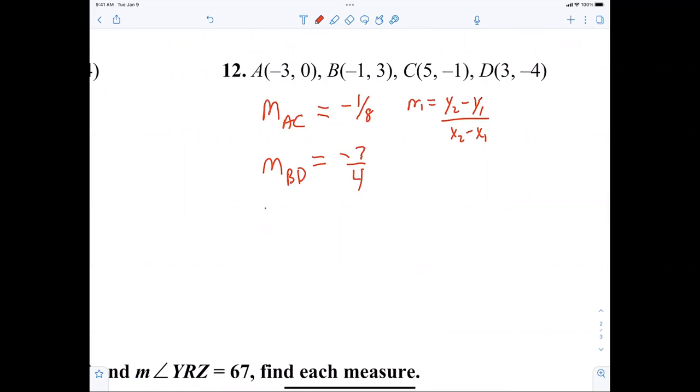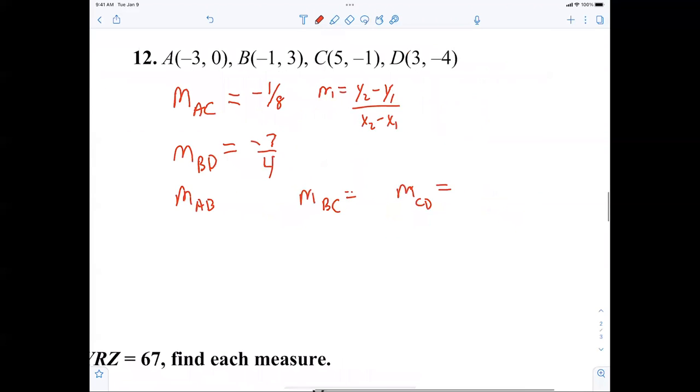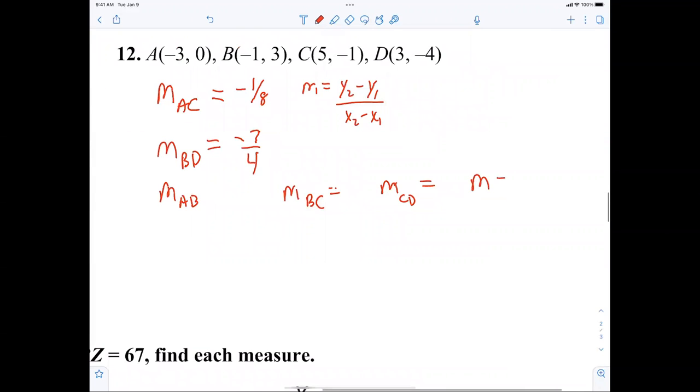All right, so now I need to find the slope of AB, the slope of BC, the slope of CD, and the slope of AD. And hopefully they're all negative reciprocals.